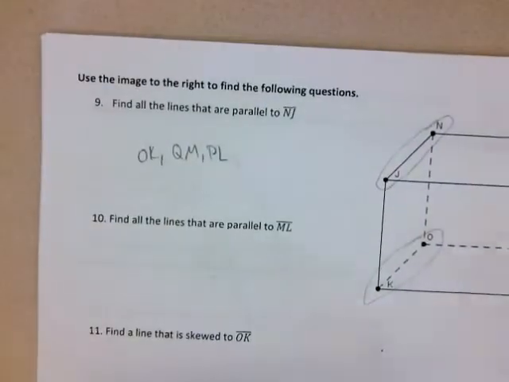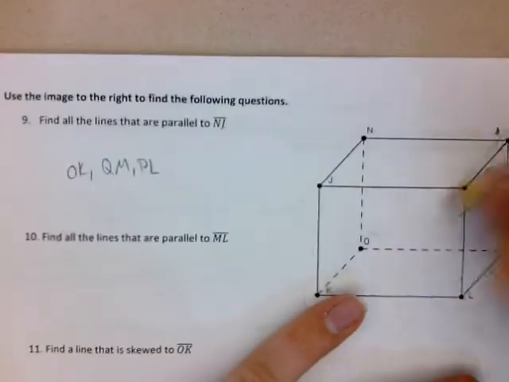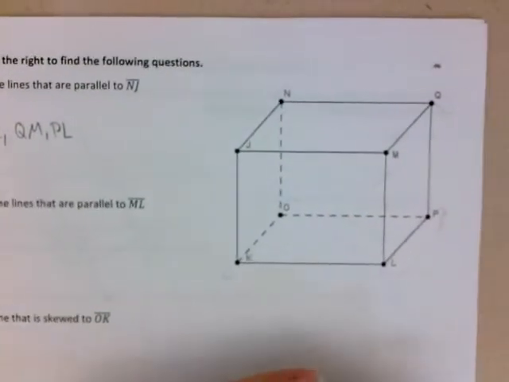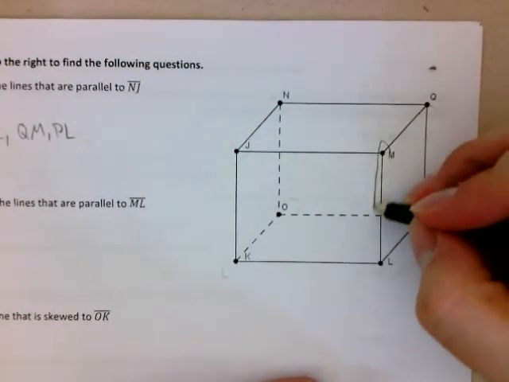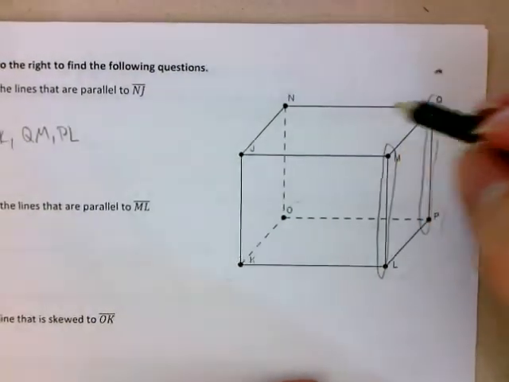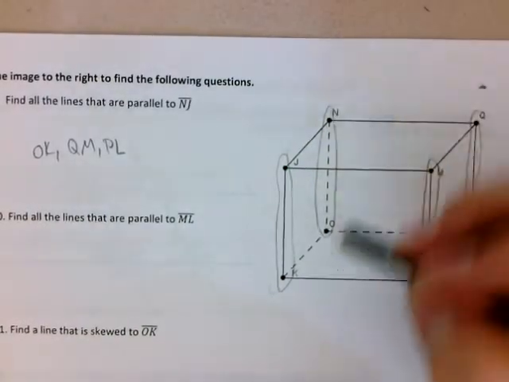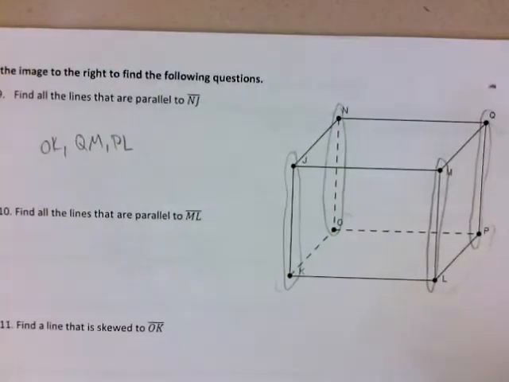Next one, ML. ML is right here. So we're looking for all the lines that are going up and down like ML, which is like QP, JK, and NO. All four of these lines are going up and down.